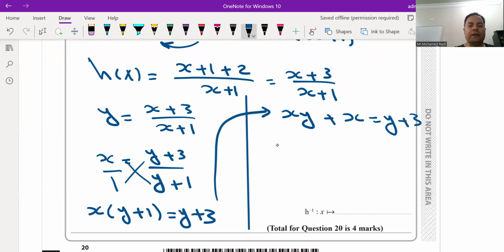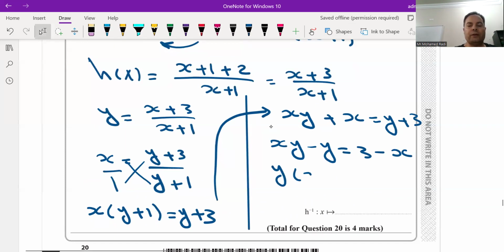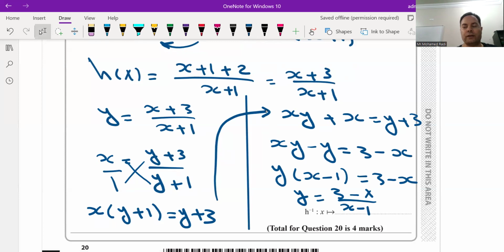Collect y in one term: xy minus y is equal to 3 minus x. Get y common, so y times x minus 1 is equal to 3 minus x. Then divide, so y is 3 minus x divided by x minus 1.